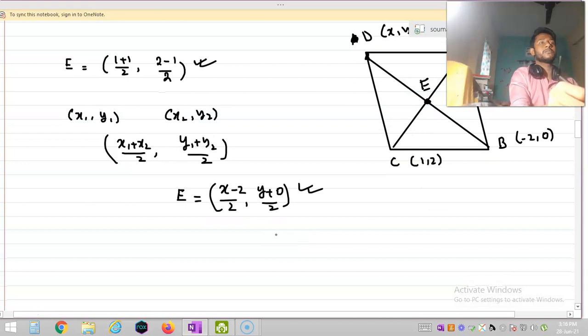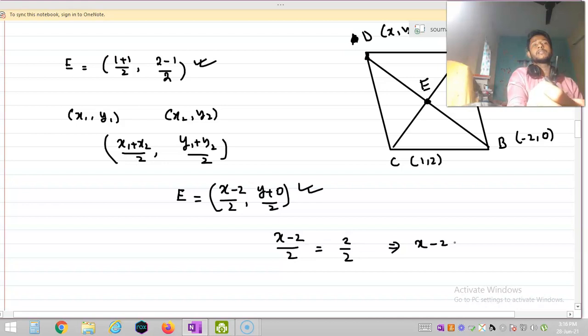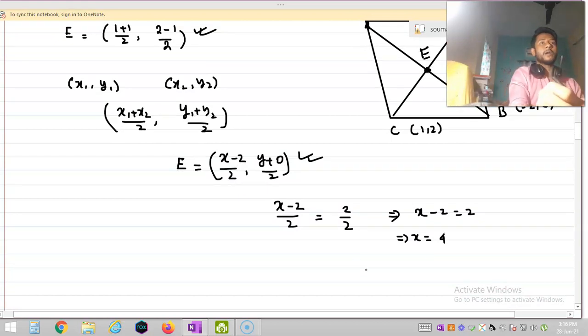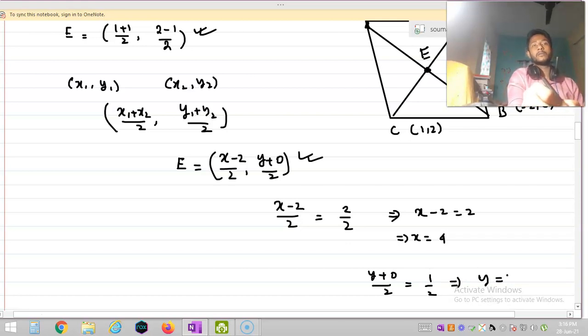From equating, I get (x - 2)/2 = 2/2. Eliminating 2 from both sides, x - 2 = 2, hence x = 4. And equating the y coordinate, (y + 0)/2 = 1/2. Eliminating 2 from both sides again, y = 1.